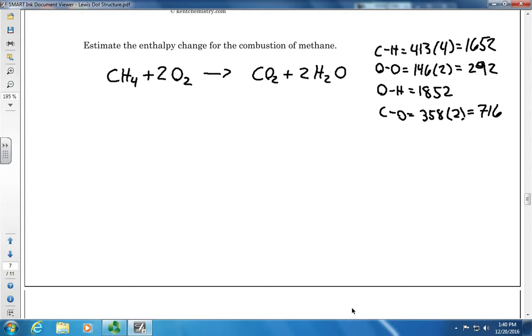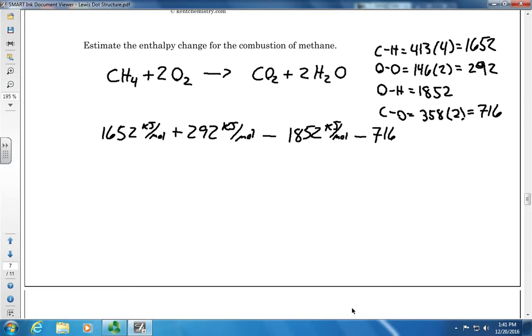So what does that mean? Well, we've got to take the bonds that are broken and subtract the bonds that are formed. So bonds that are broken, 1652 kilojoules per mole plus 292 kilojoules per mole minus 1852 kilojoules per mole minus 716 kilojoules per mole.